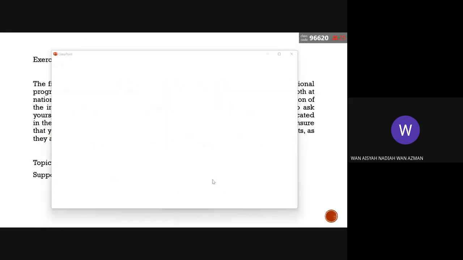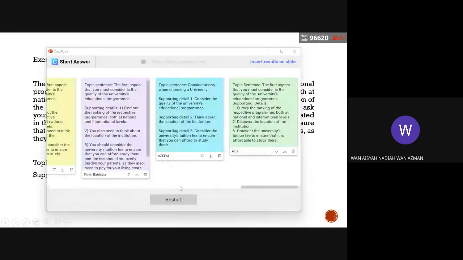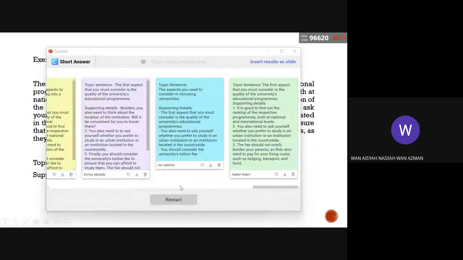Okay, so let's see. So for the topic sentence, okay, from this exercise, the topic sentence is not given to you directly. Okay, so it is implied. So you have to come up with your own topic sentence based on the supporting details given to you.